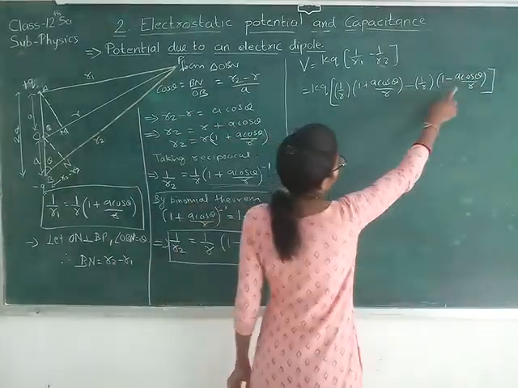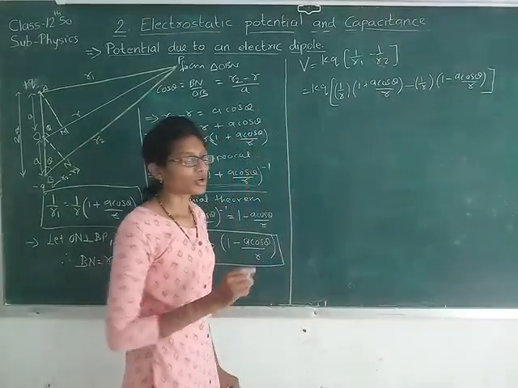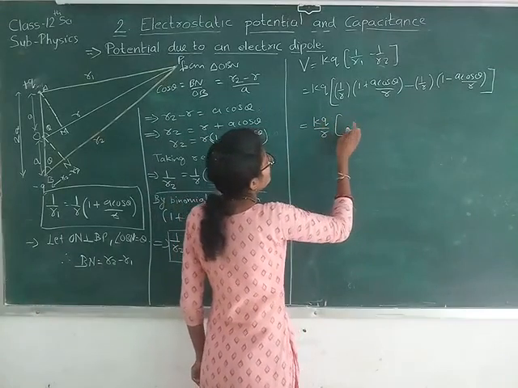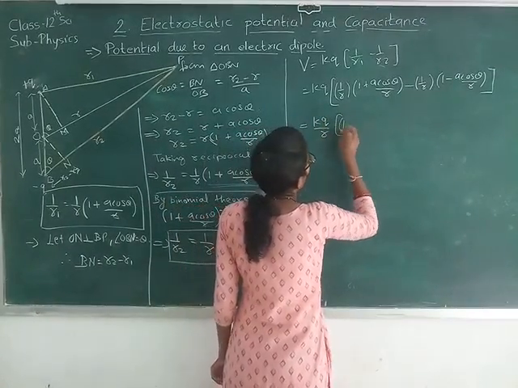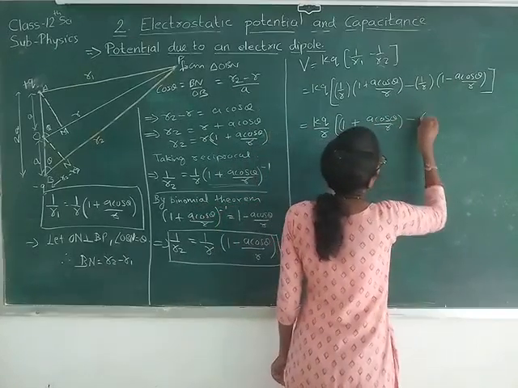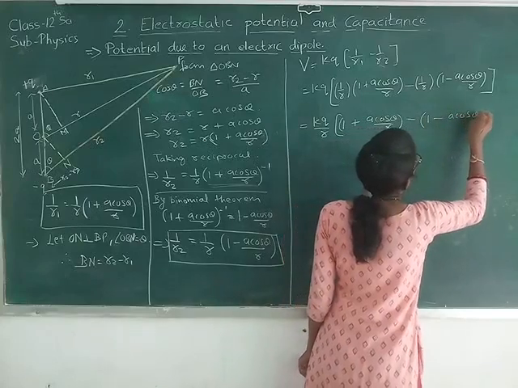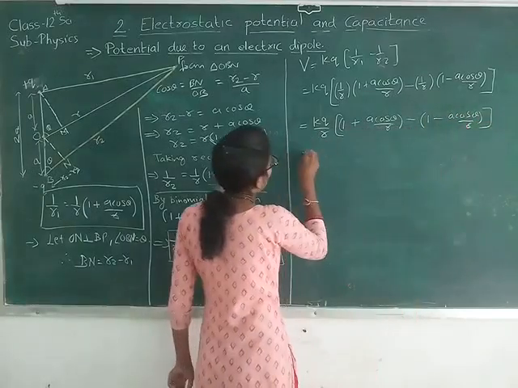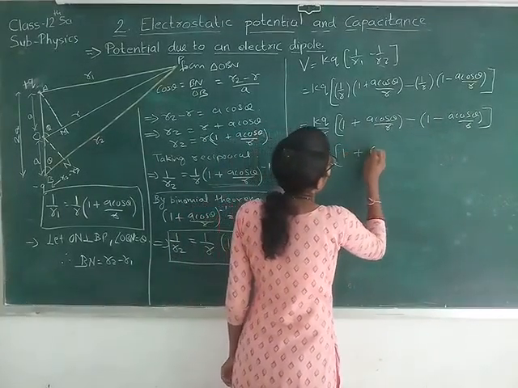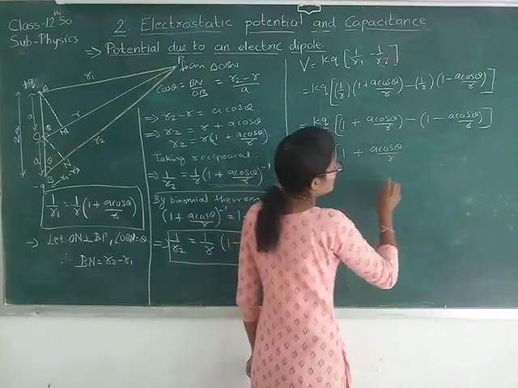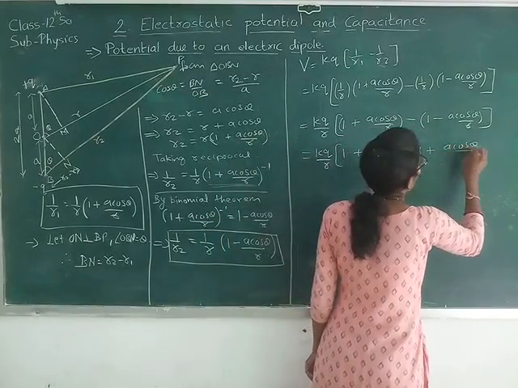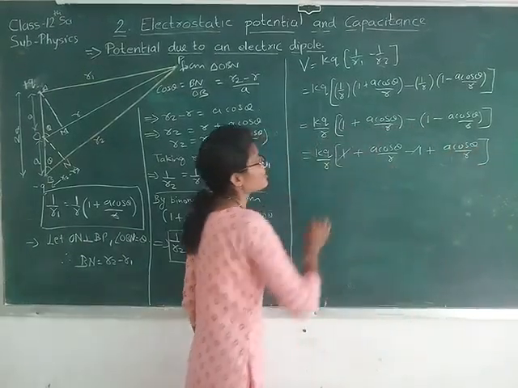Now from both these terms 1 upon R can be taken as common. So KQ by R, what it will be? 1 plus A cos theta by R minus 1 minus A cos theta by R. That is, plus A cos theta by R minus 1 minus minus plus A cos theta by R. Here minus 1 plus 1 gets cancelled.